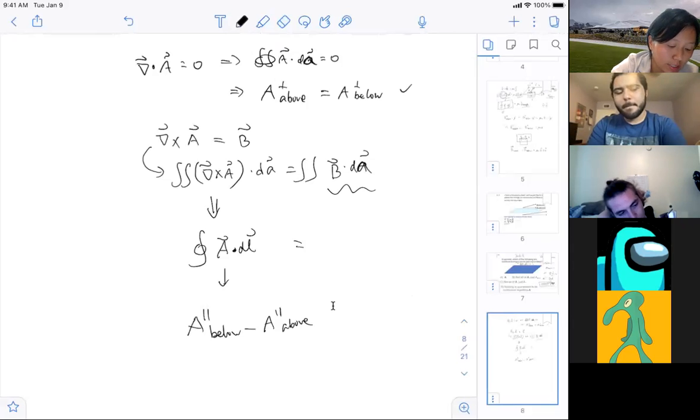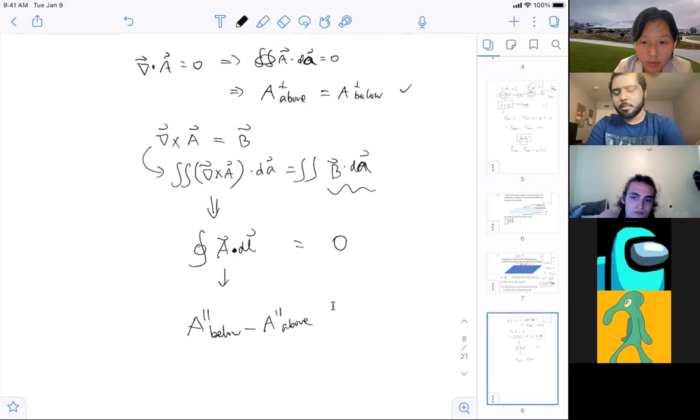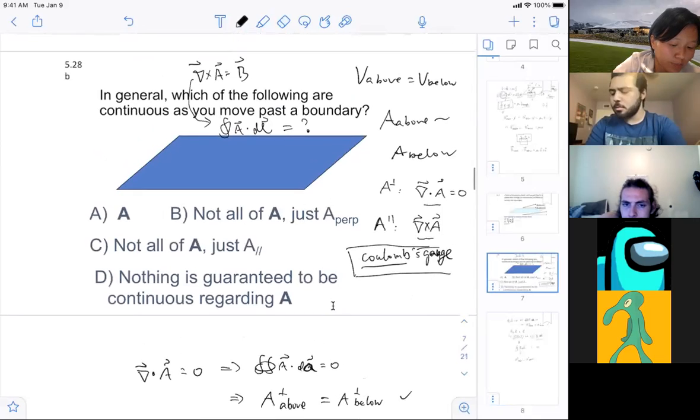So you're right in the sense that for the right-hand side, B dot dA, as long as we can make the flux of B go to 0, we will be able to have continuity for the parallel component of A as well, so that both the parallel and perpendicular components are continuous. So we can have A continuous across the boundary.